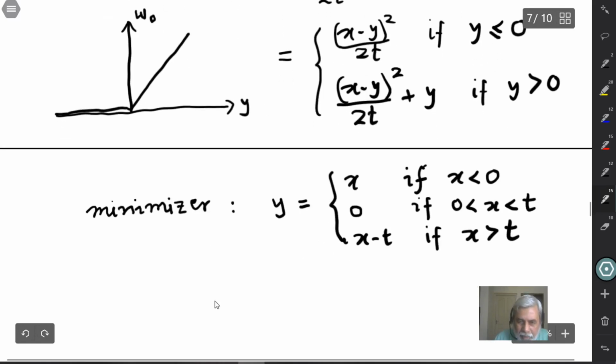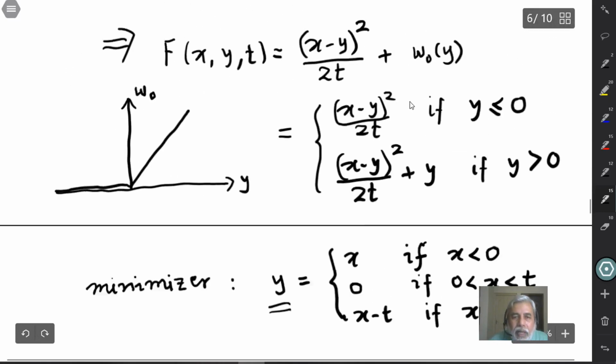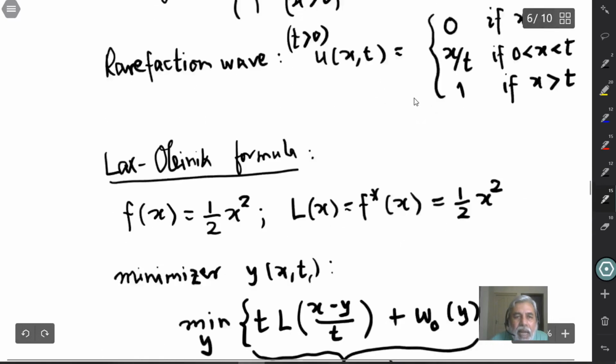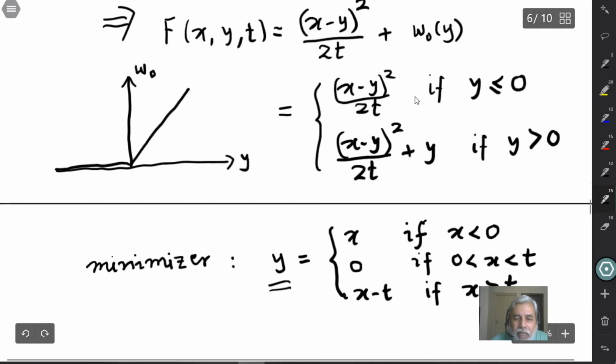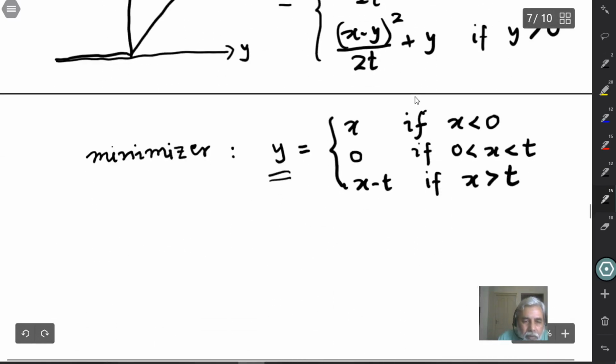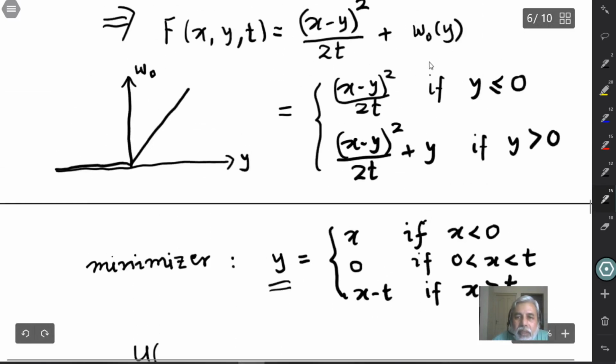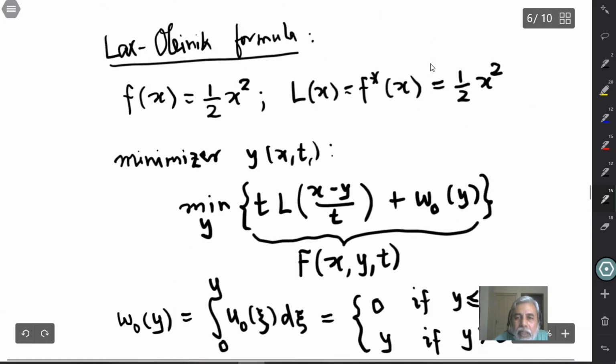We are interested in the minimizer, not exactly the minimum value, but the minimum value comes into the picture in determining this minimizer. And now you just plug in the Lax-Oleinik formula.